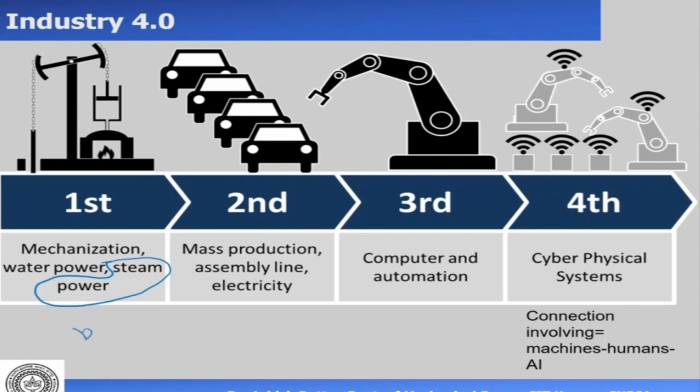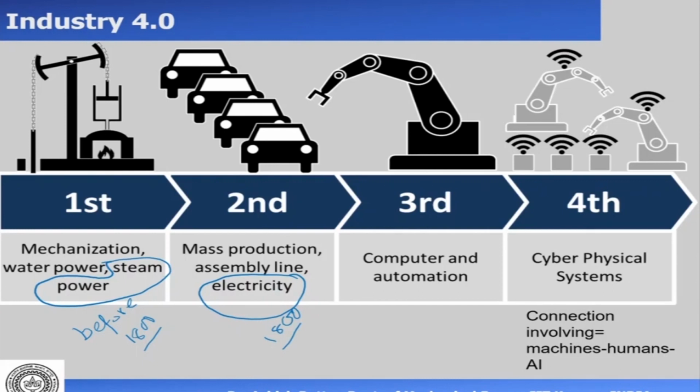So before say 1800, all the industries were driven by steam power or water power. Okay, and these come under classification of industry 1.0. Now in 2.0 we basically have mass production assembly lines, and the essentially driving power is electricity. So this is the industrial revolution about after 1800.